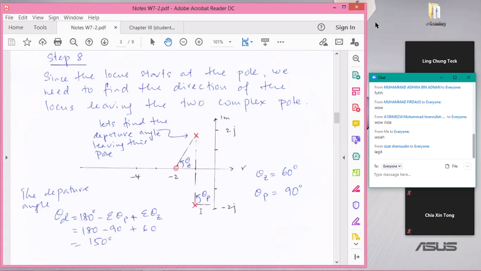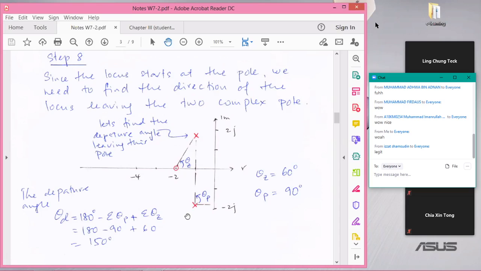So the angle from the other pole is 90 degrees, and the angle from the other zero is 60 degrees to the pole in question. Now you can compute the departure angle using the expression 180 minus 90 plus 60, so you get 150 degrees. So this is the departure angle, the angle at which the locus exits the first pole.